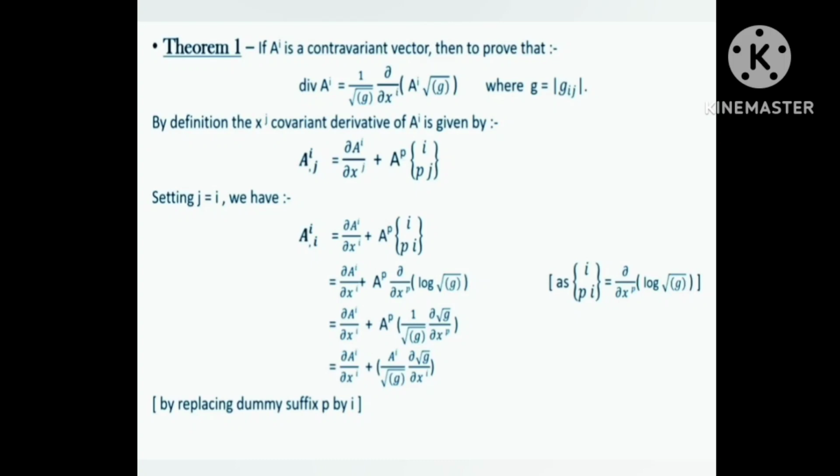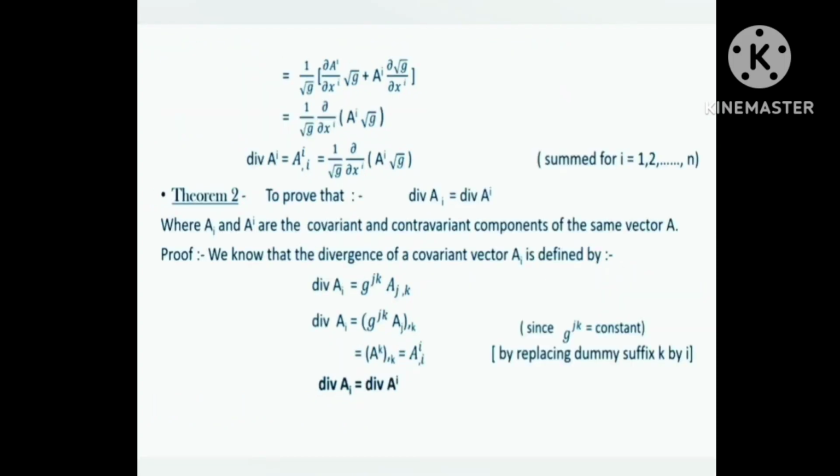Now by replacing dummy suffix p by I, we have 1 upon root g in brackets del A^I upon del x^I root g plus A^I del root g upon del x^I. Now which is equal to 1 upon root g del upon del x^I of A^I root g.